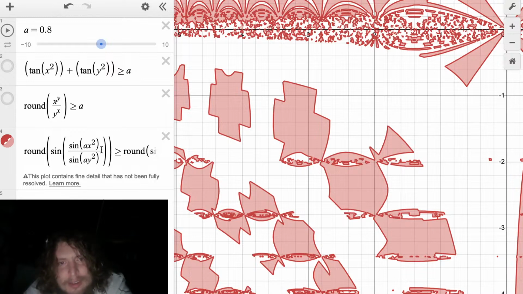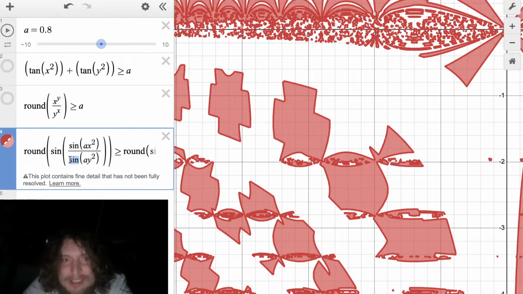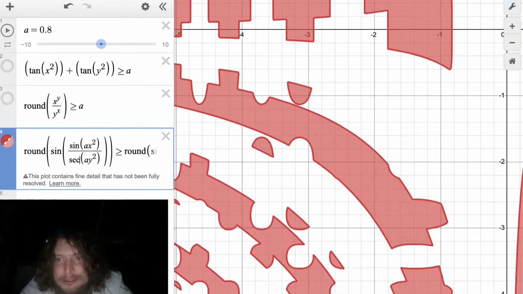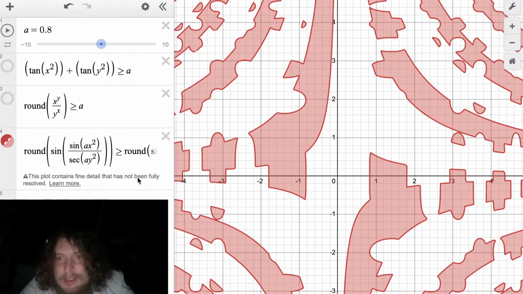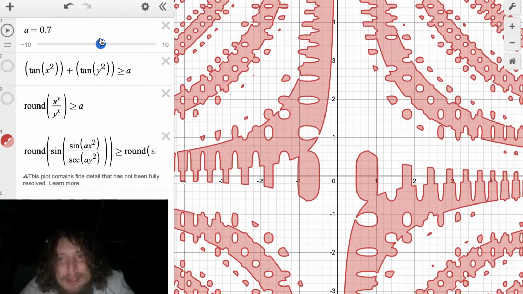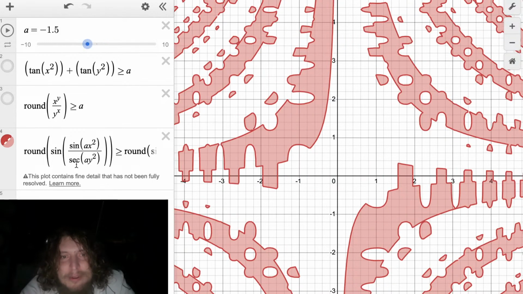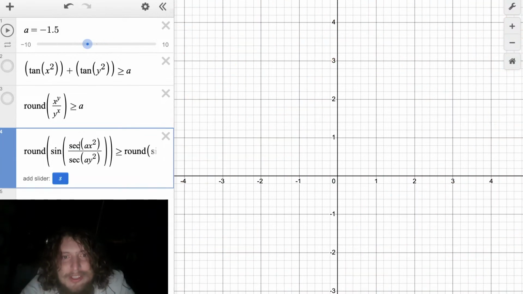So, let's now try, of course, substituting some other of our trig functions before we move on. Whenever we have a good clump of an equation here, we might as well try a few things with it. And there's that one. Here's if they're both secants.